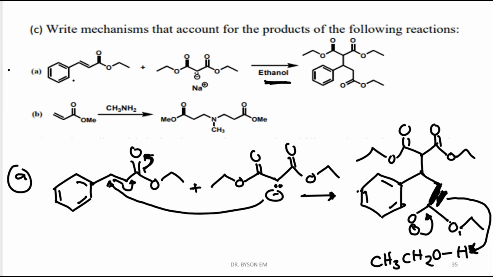So the final product will be such that the double bond is going to form from here, and then here it will be a single bond. So this will go back to this. That will go back to that.